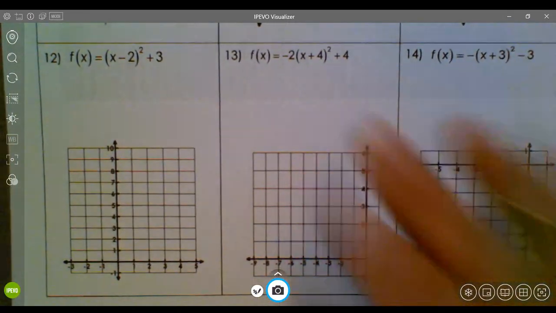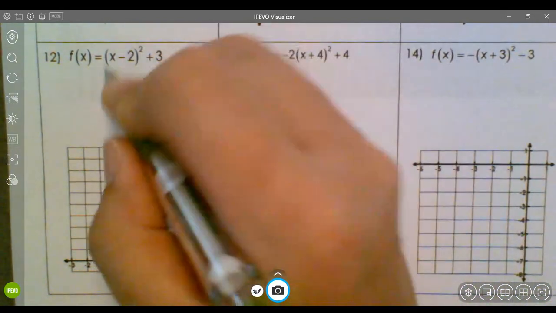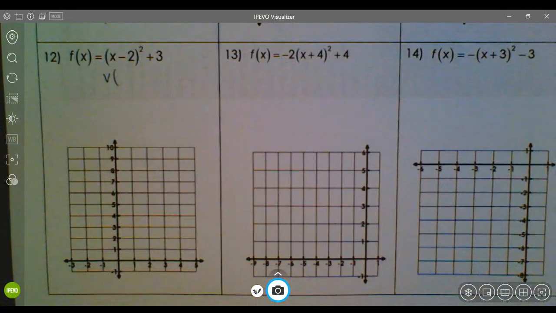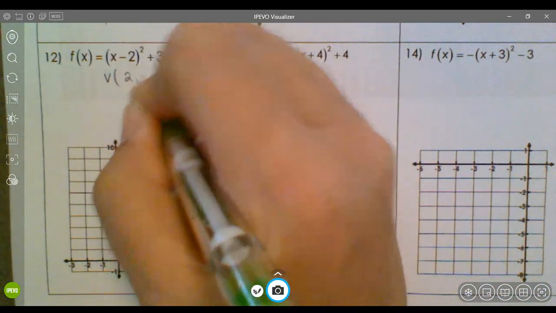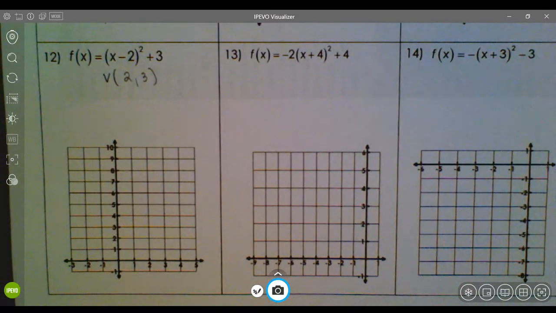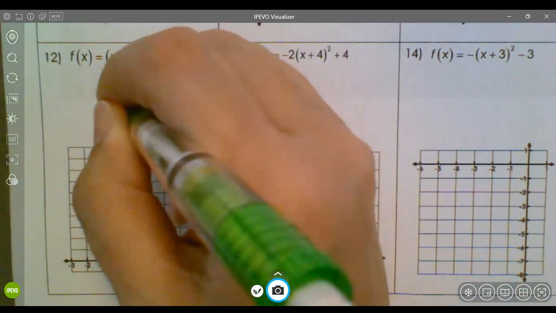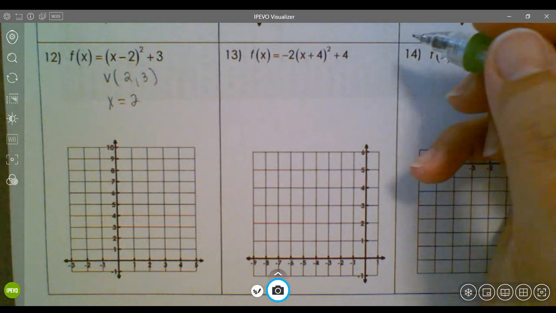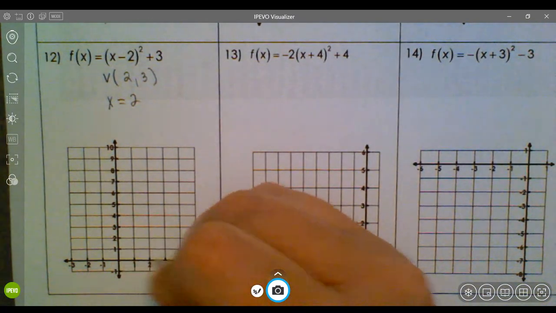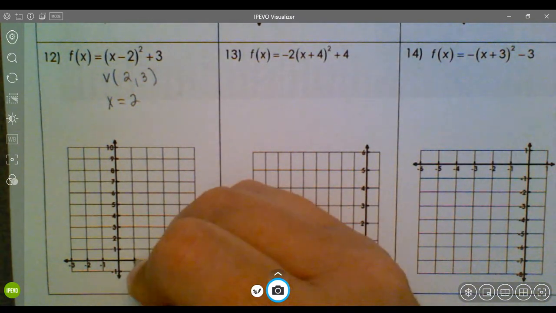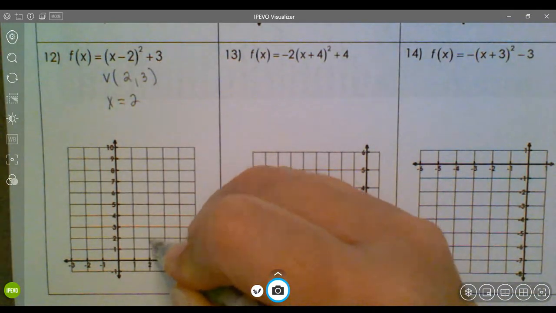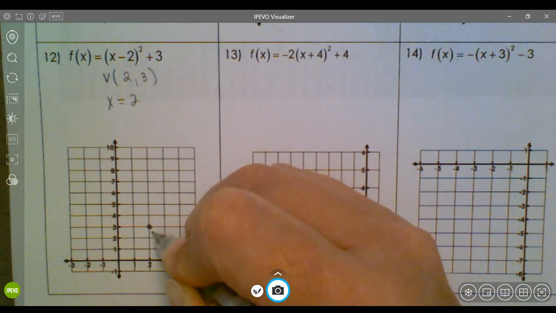Okay, so I've got x minus 2 squared plus 3. So my vertex is 2, 3. My axis is x equals 2. So I'm going to plot 2, just kidding, 2, 1, 2, 3. All right, there's my vertex.